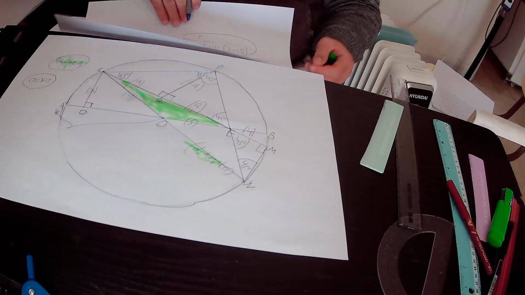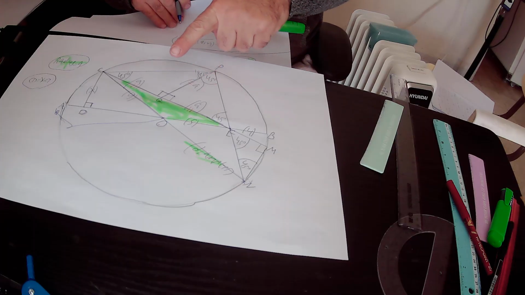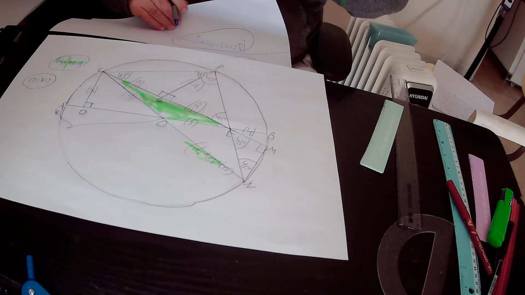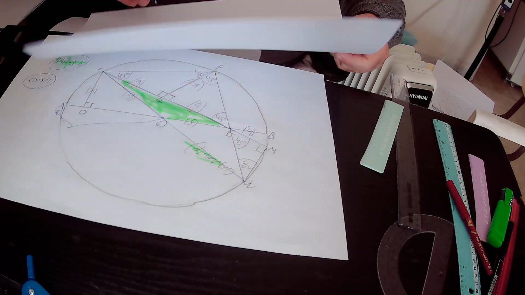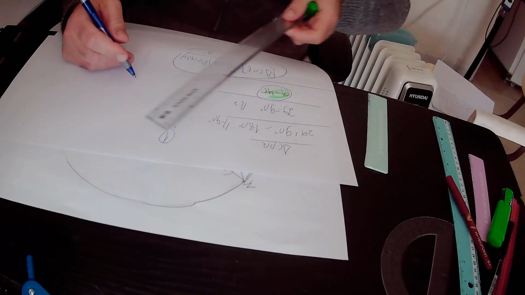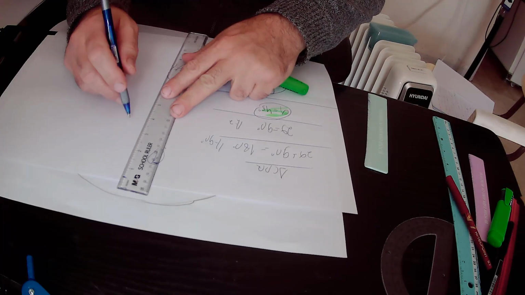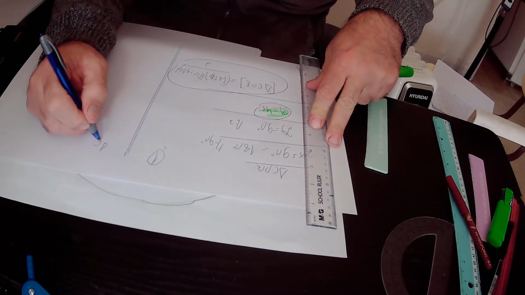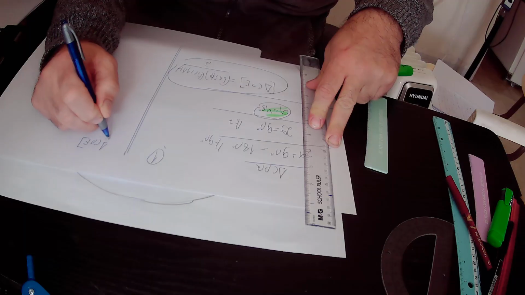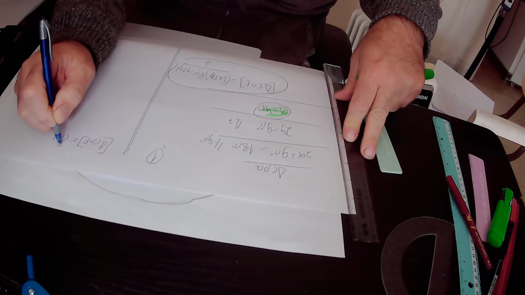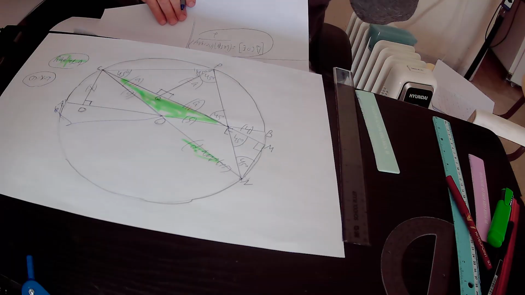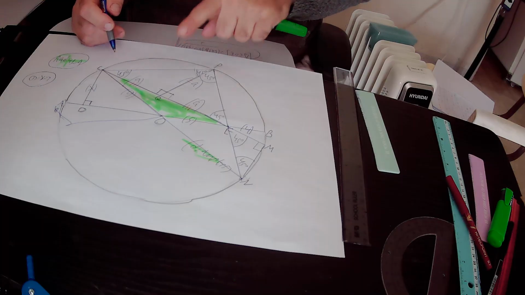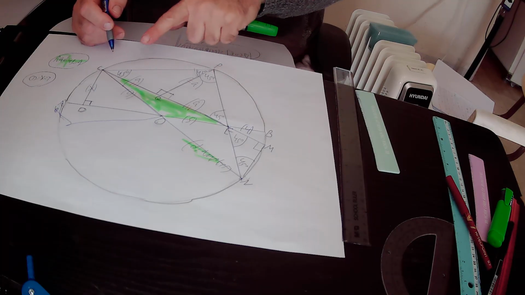So therefore, the area of this green triangle COE will be equal to the base. We choose the base as CO. The height to the base must create 90 degrees with the base or with the extended base.